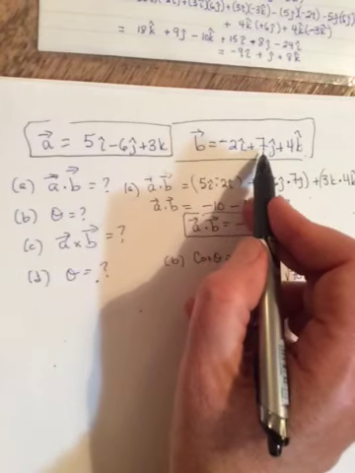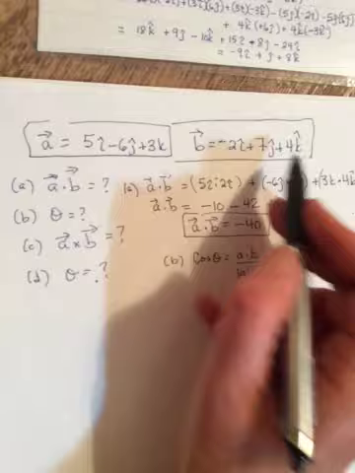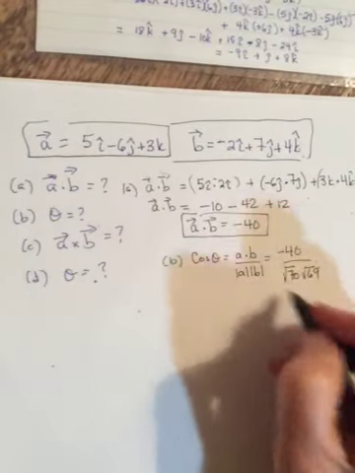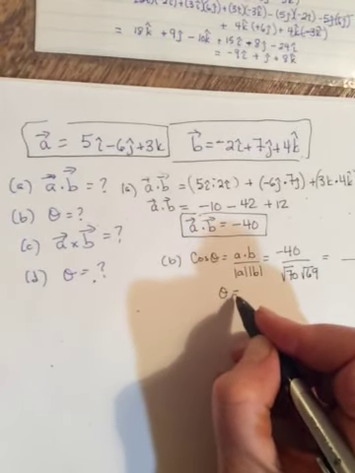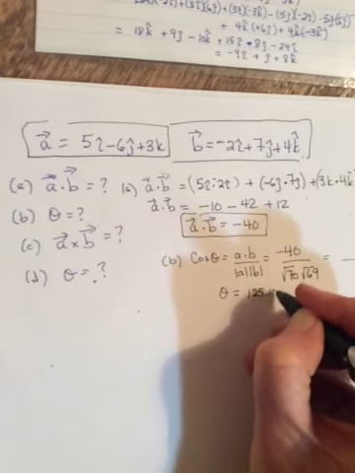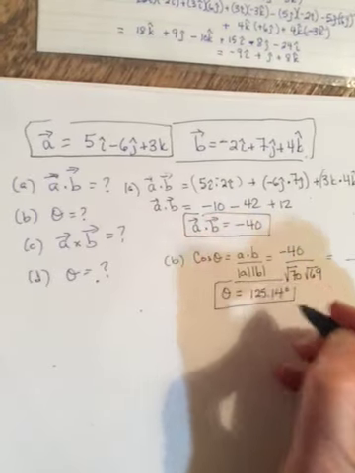Absolute of B: 2 squared, 4, plus 49, so 53, plus 16, 69. So do the math, do second function cos, and you get an angle of 125.14. I think it was really 138, but we'll round.